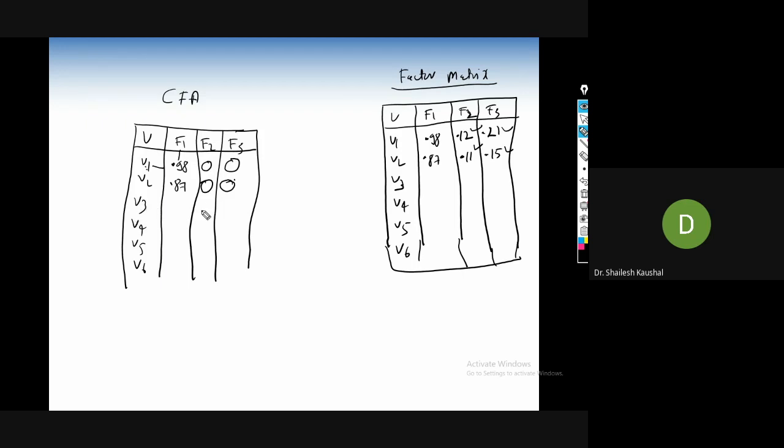Same as V3, related only to its own factor with 0.89, 0.88, and unrelated to F1 and F3. So this is the basic difference. But in an EFA, we can present all the factor loading values also.